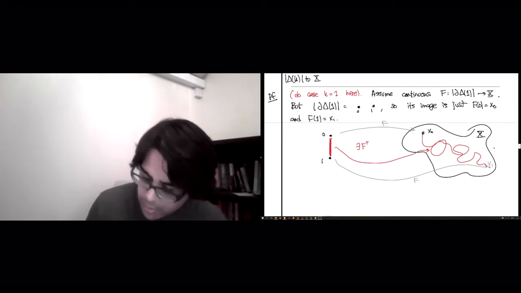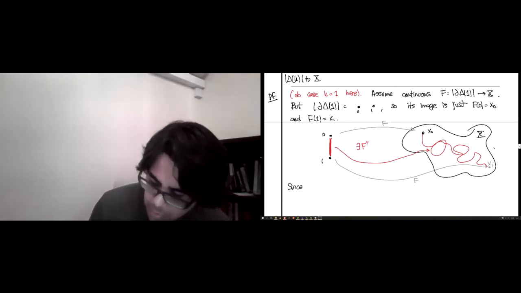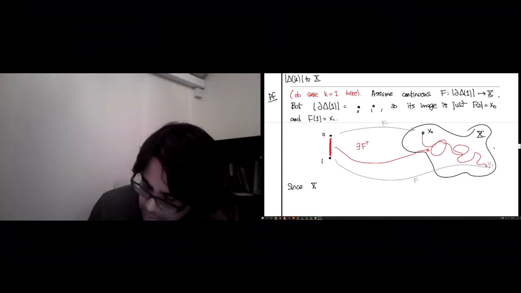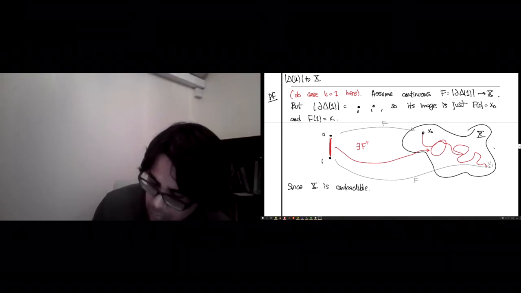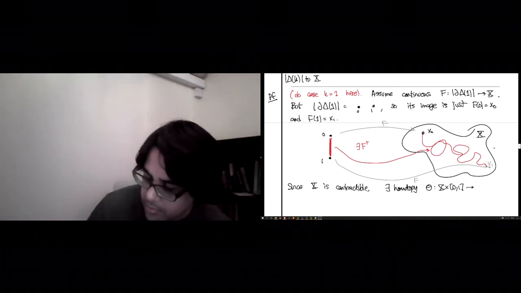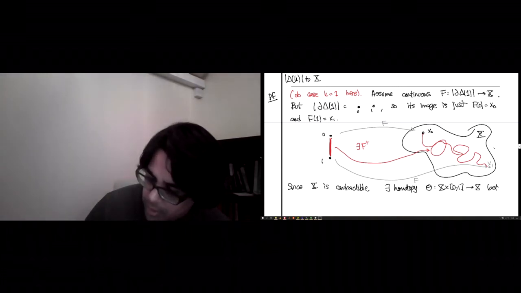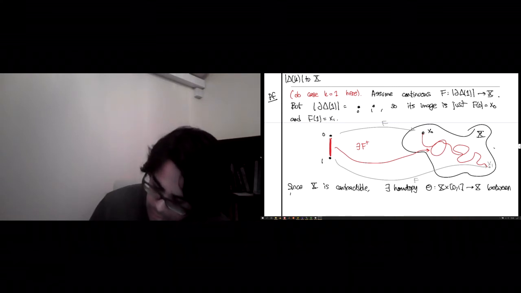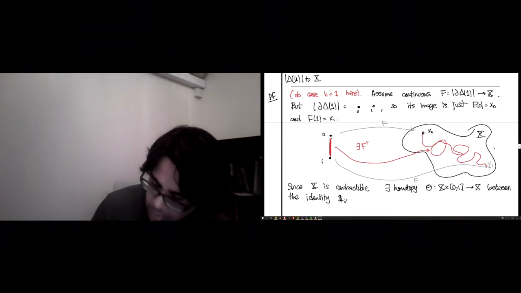So let's use the criterion we built above. Since X is contractible, there exists a homotopy theta from X cross [0, 1] to X between the identity map and the constant map.